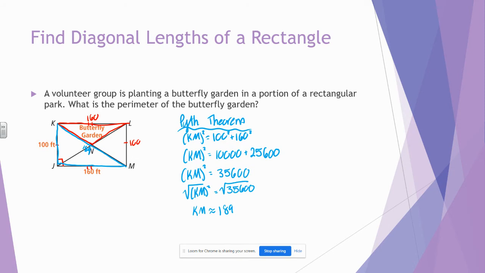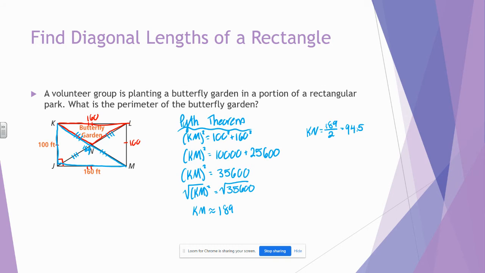Remember that since we have a parallelogram, our diagonals bisect each other. So that means this is the same length as this. So KN is equal to 189 divided by 2, which is going to give us 94.5. Since our diagonals are congruent, that means that JN is also equal to NL, and they're equal to these two chunks that we just found because JL is equal to KM.